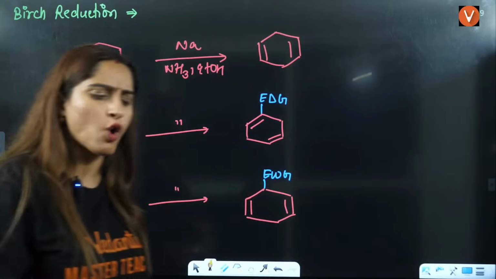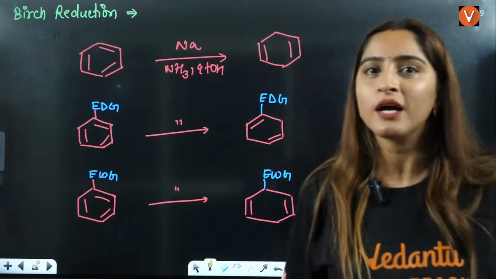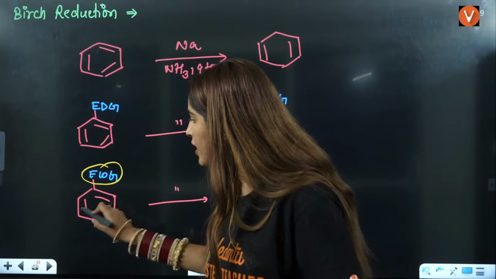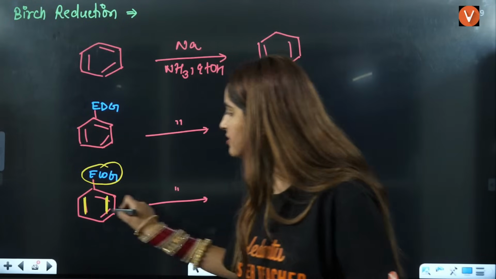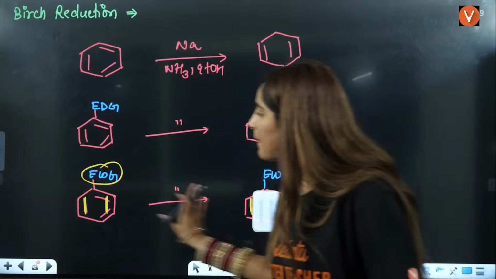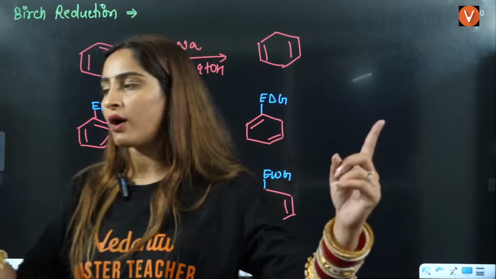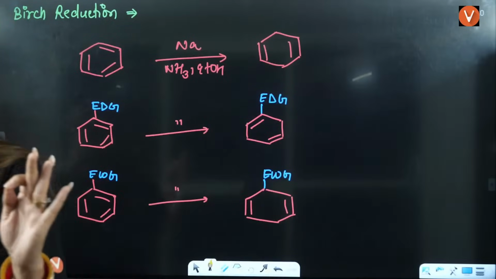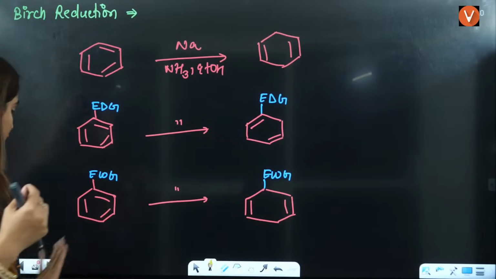But if you have someone who is always taking away all the things from you, then you will say, let's stay away from this person. So with an electron withdrawing group, you will stay away, and in the answer you will have this double bond in front of this double bond. But in the answer, always two double bonds should be opposite, that means in front of each other. Is that clear? Okay, yes, everybody.